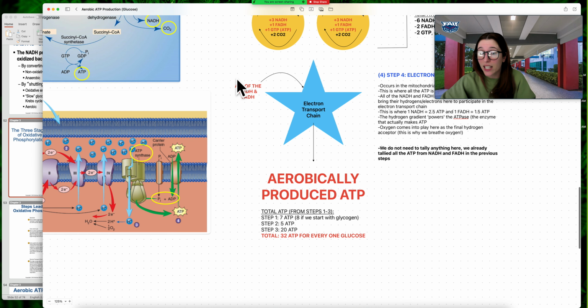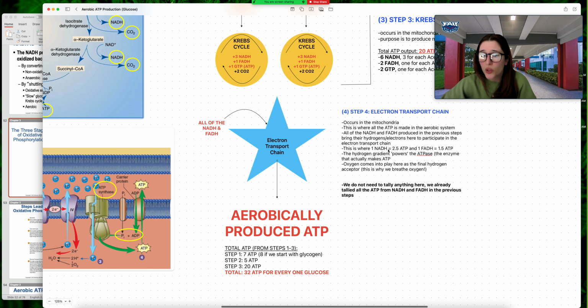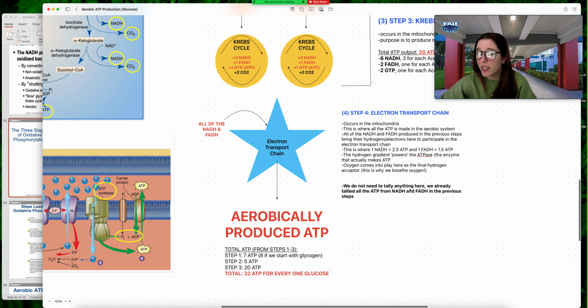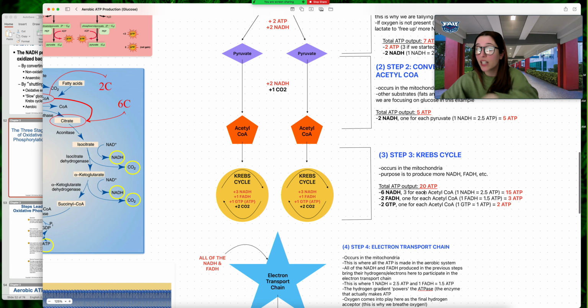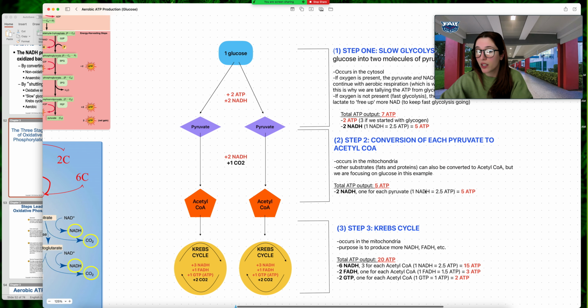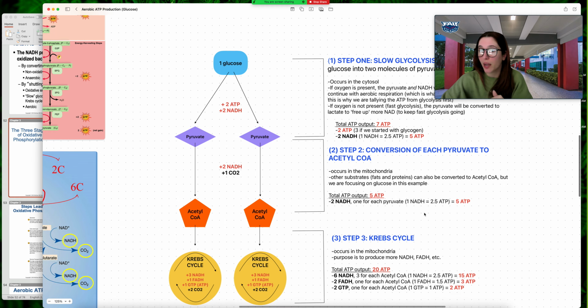Because the NADH and the FADH are what are ultimately leading to the bulk of the ATP produced, okay? So we don't have to tally up anything for step 4 because we've already tallied up all the ATP from the NADH and FADH in all of these previous steps, right? We already tallied all of them up for each step, right?